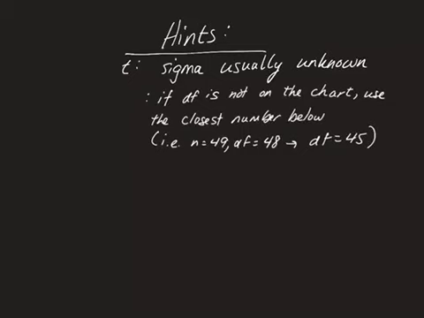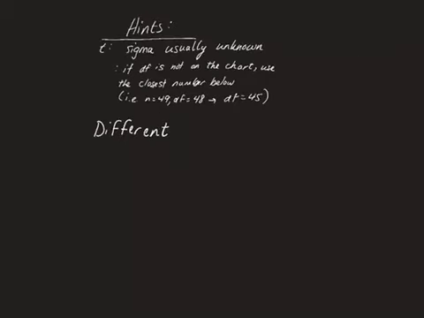Other hints. If the wording of the problem says different, this means it's a two-tailed test. You would read the two-tailed value of your chart because your picture would say it could go this way to the tail or it could go this way to the tail. So you must put in plus or minus on your T value.